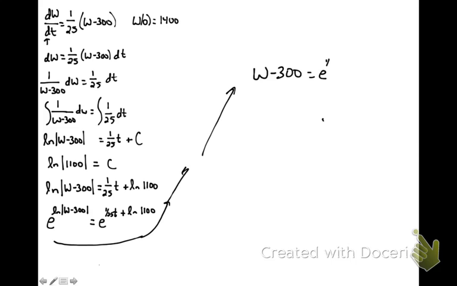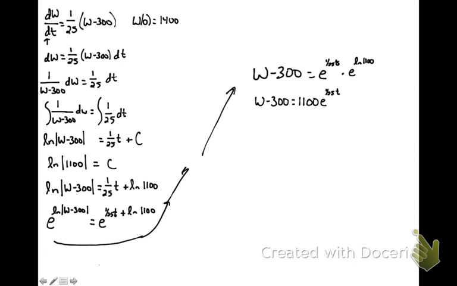So this is e to the 1/25 t times e to the natural log of 1100. And e to the natural log of 1100 uses that property again, where e to a natural log is always just equal to the argument. So this will become 1100, because that's what e to the natural log of 1100 is, times e to the 1/25 t.